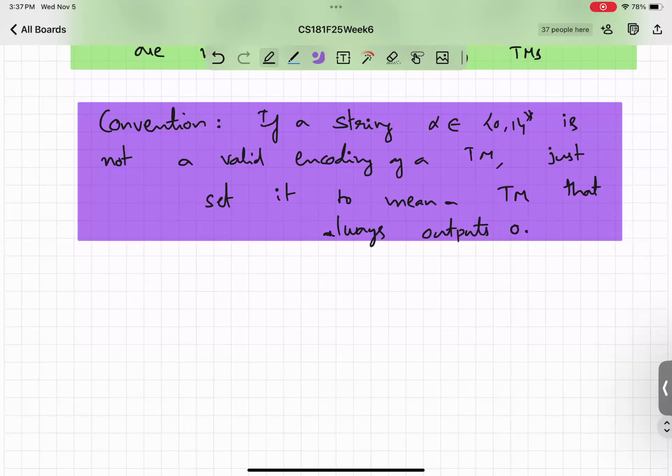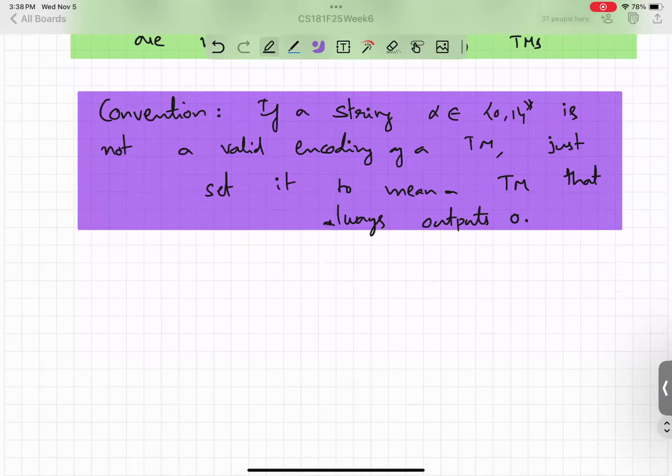Just adopting a convention that if something is not a valid encoding, in Python, for example, if you have a bad program, it'll say compilation error. Here I'm just saying, okay, adopt the convention that it defaults to referring to a Turing machine which always outputs 0. It's not doing anything. Okay? Any question about this? So now every binary string corresponds to a Turing machine, and every Turing machine corresponds to a binary string. All right?